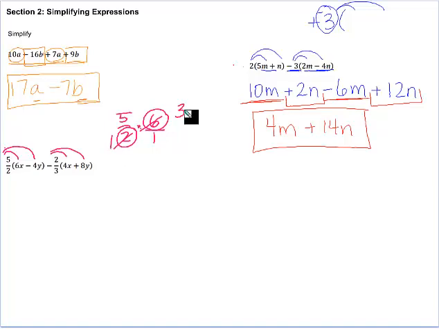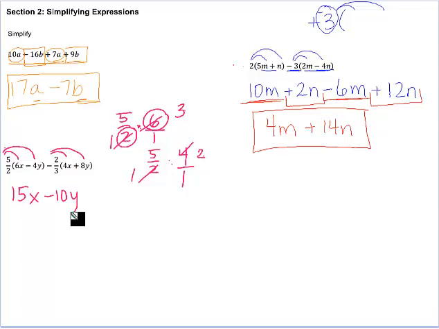So we really have 5 times 3 left, which is 15x. Same idea, 5 halves times 4. Well, you can do the 4 divided by 2 first to get 2. You really have 5 times 2 left, which is 10. So when you distribute 5 halves through, you really have 15x minus 10y.